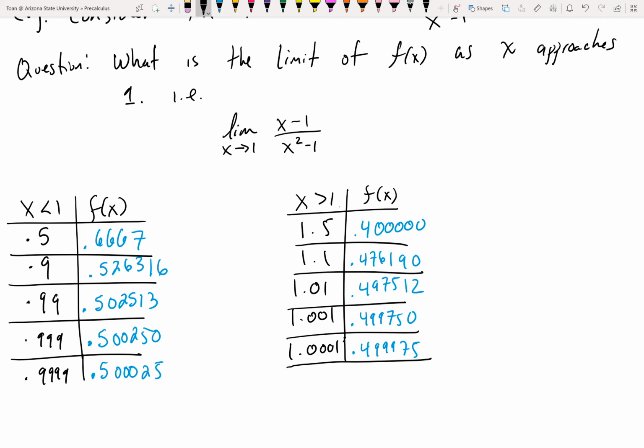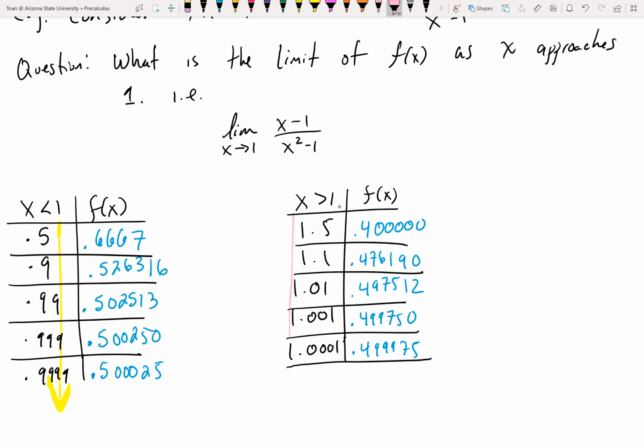So how do we answer this question? Again, the informal idea of a limit is describing the behavior as x gets to this number, not when x equals that number. We really don't care what happens when x equals that number. We care about what the function is doing as x gets towards that number. And in these two columns, hopefully you can agree with me, these x values are getting closer and closer to 1.